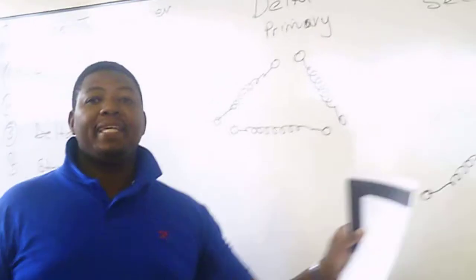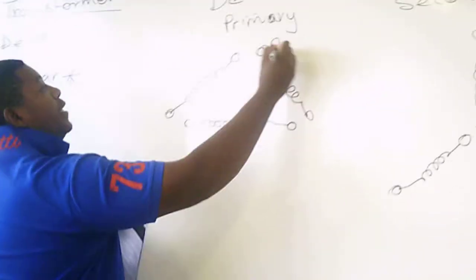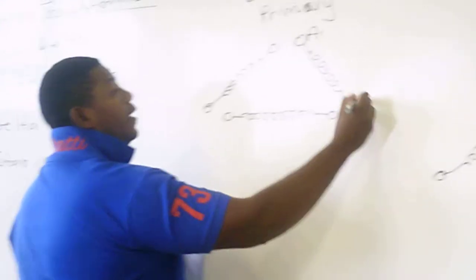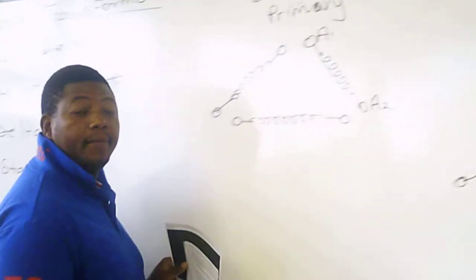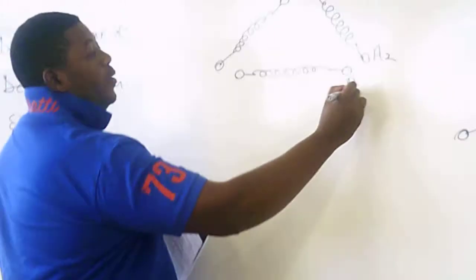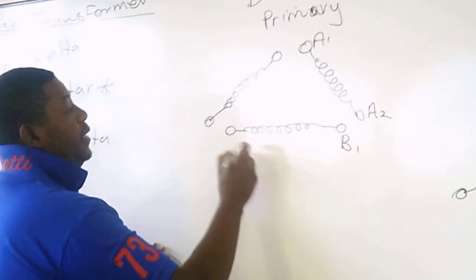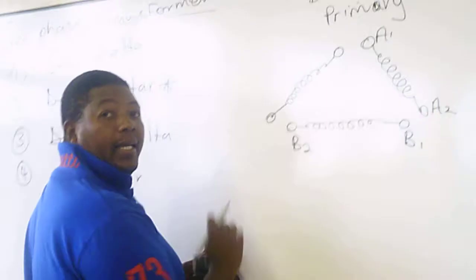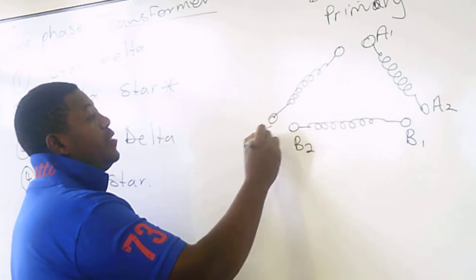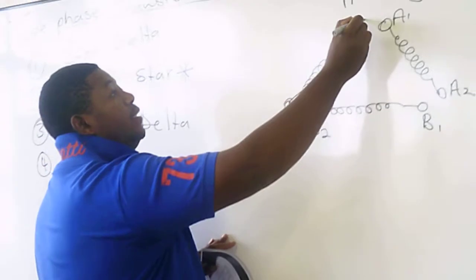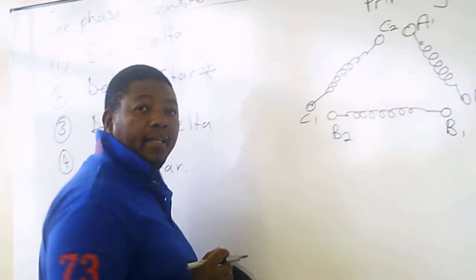Now, each coil in practice has a beginning and an end. Meaning that if I'm talking about the delta, A1 is my beginning and A2 is where it ends. B1 is the beginning and B2 is where it ends. C1 is the beginning and C2 is where it ends.